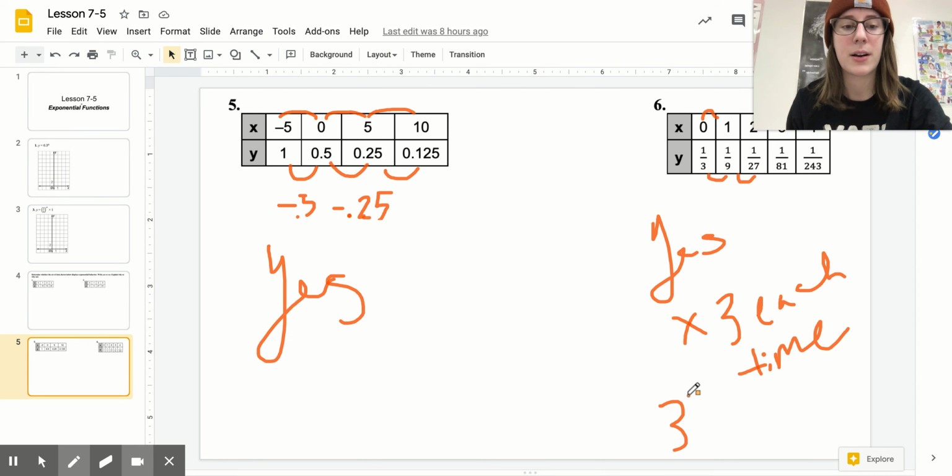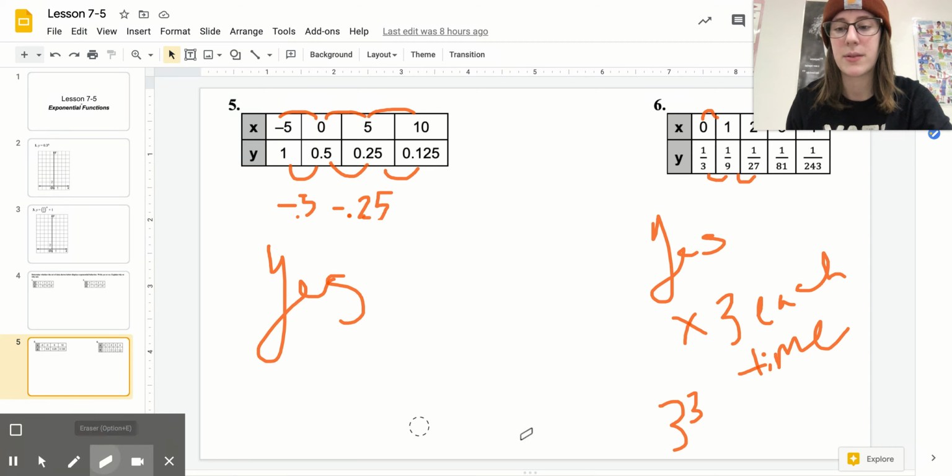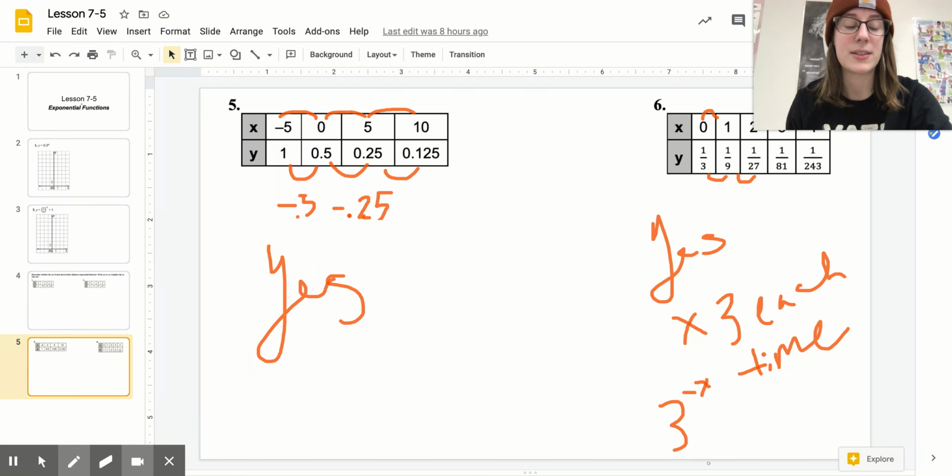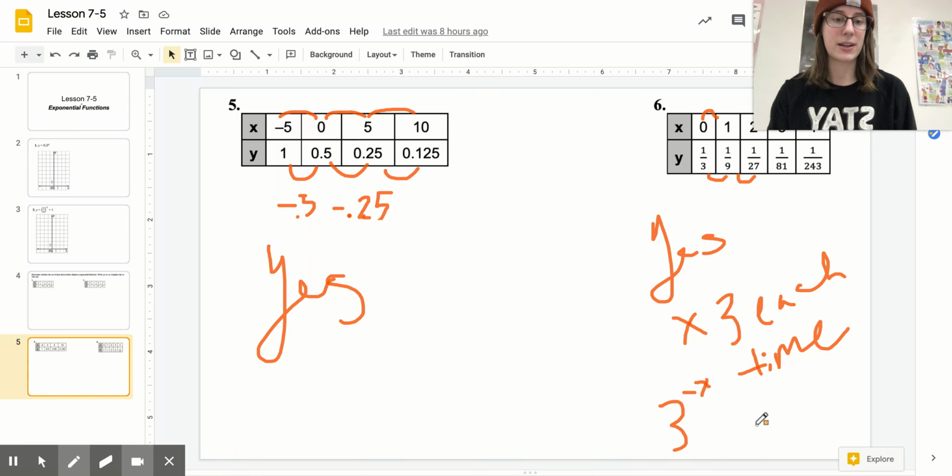Three to the power x. I wrote another 3 instead of 3 to the power. Or sorry, 3 to the power negative x because it's a fraction, so it's going to send it down. Or 1 over 3 to the power x.